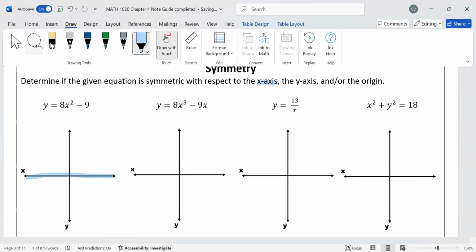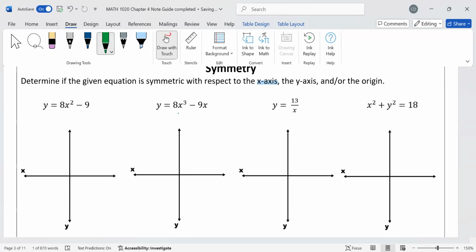The two pieces of the graph will match up. If it's y-axis symmetry, if you fold on the y-axis, the graph is going to match up on both sides like a mirror image. And origin's a little bit different, but I'm going to show you that.